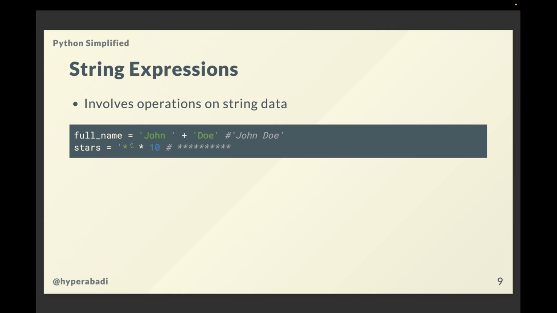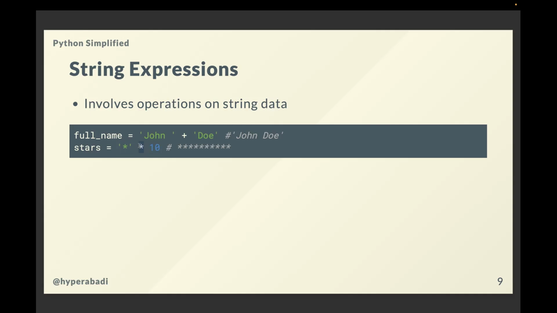Then what if, apart from the addition plus operator, the star operator is used, but instead of taking another string, it takes an integer value? So it multiplies this star 10 times.